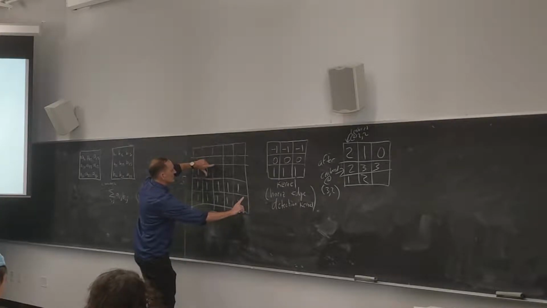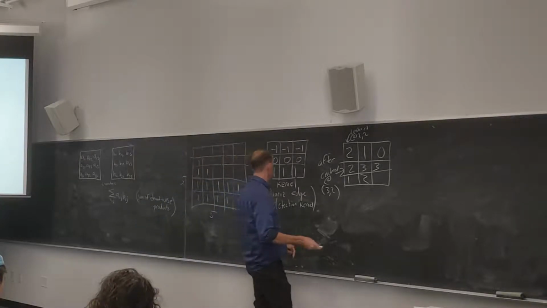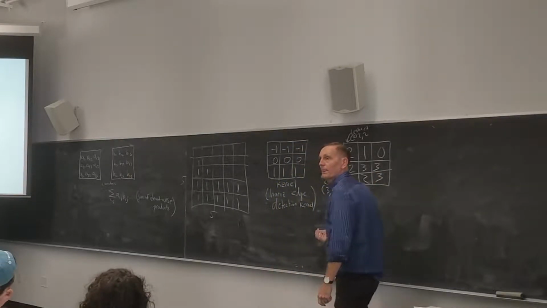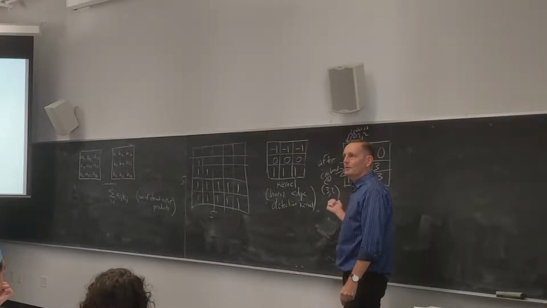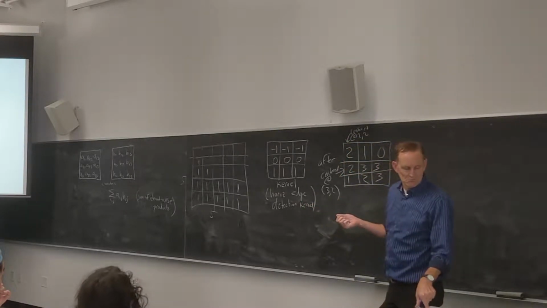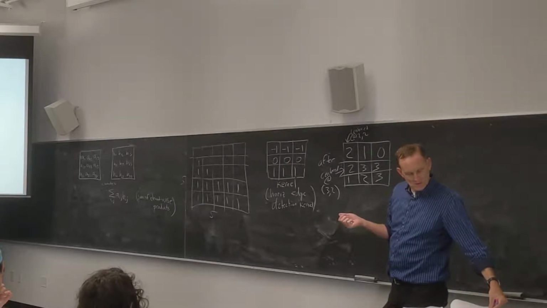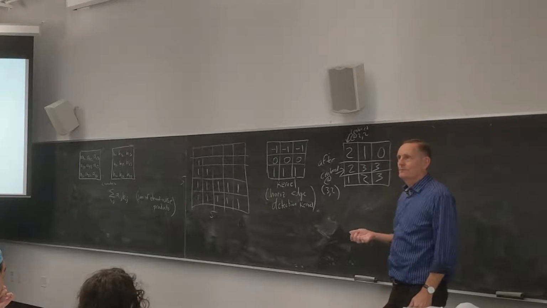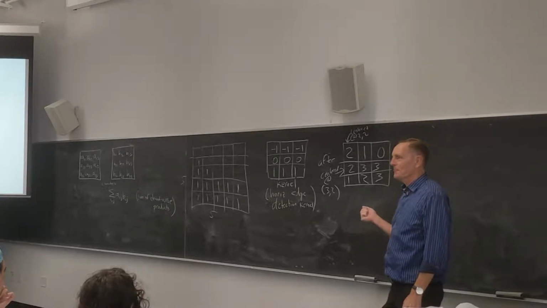And 0 plus 3 is a 3. Does anyone argue with any of these numbers? They could be wrong. 2, 3, 3, 1, 2, 3. 2, yeah, it matches at least what I got this morning. All right.